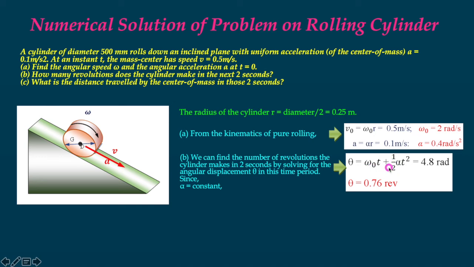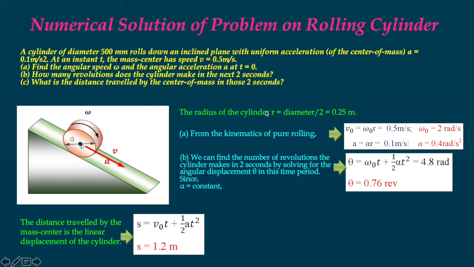Substituting all these values for the time of 2 seconds, we get 4.8 radian, equals 0.76 revolution. So we obtain the number of revolutions.